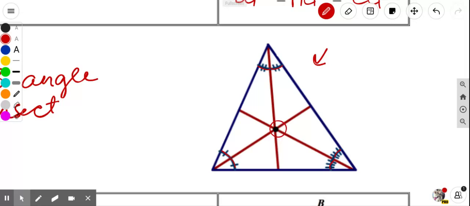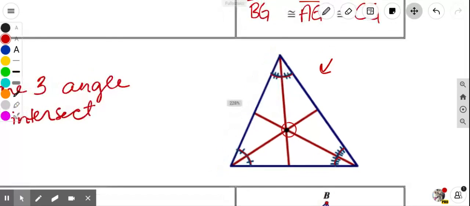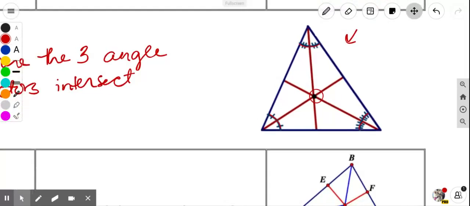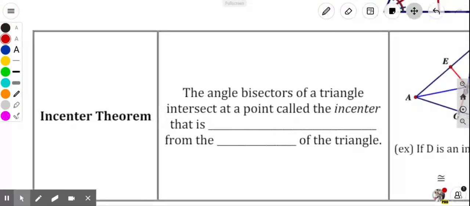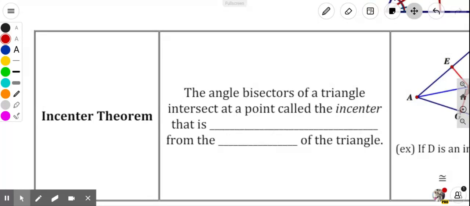So this would be an incenter. So there is an incenter theorem. The incenter theorem says that the incenter is equidistant from the sides of the triangle.